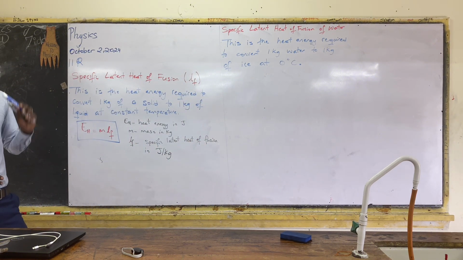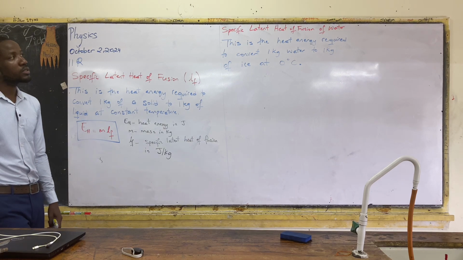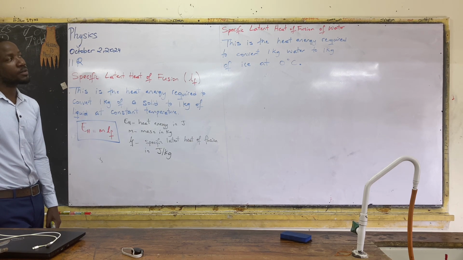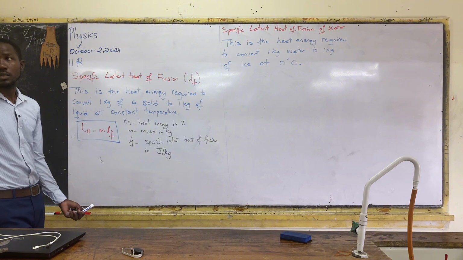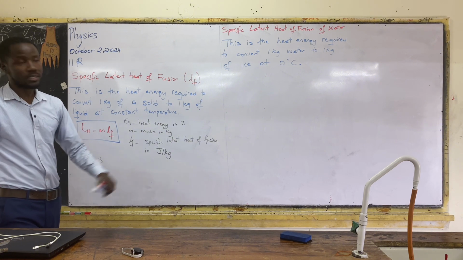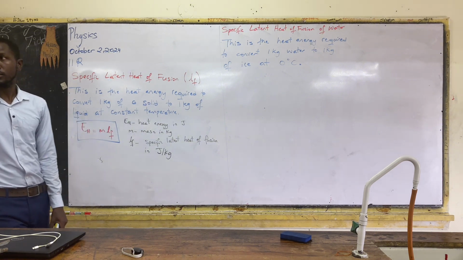So, the specific latent heat of fusion of water is how much heat energy is required to convert 1 kilogram of water to 1 kilogram of ice at 0 degrees Celsius.